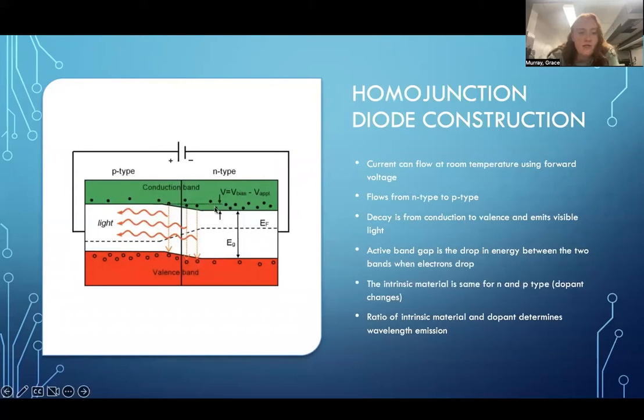So, if the current is flowing in a forward bias from the N-type to the P-type, the concentration of electrons in the N-type semiconductor can drop into the holes that are present in the valence band of the P-type. If the current were to flow from the P-type to the N-type, there is no large enough concentration in the conduction band that would create any sort of wavelength emission in the decay.